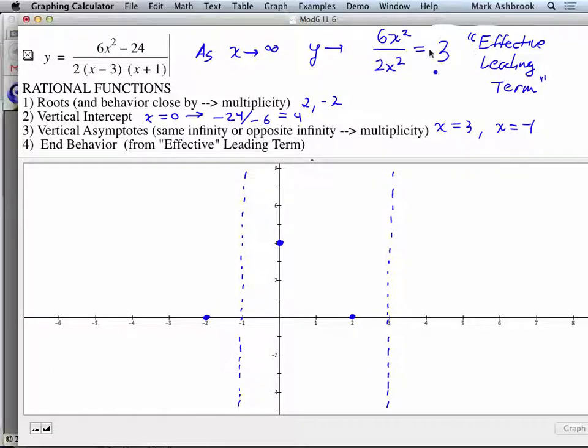Way out here at the ends, it's going to get closer and closer to 3. Oops, that's too high. So that's 4. Try that again. So 3 is down here.